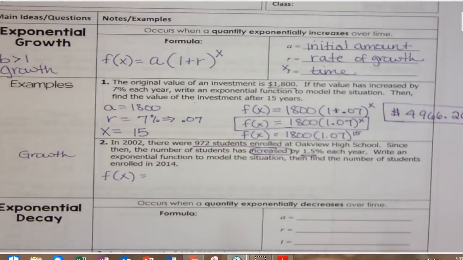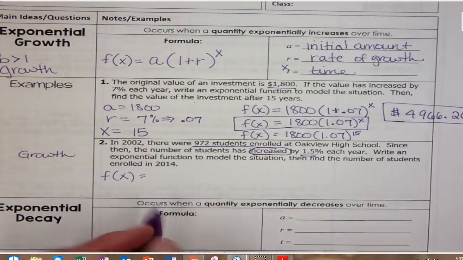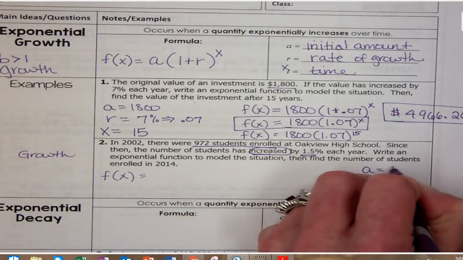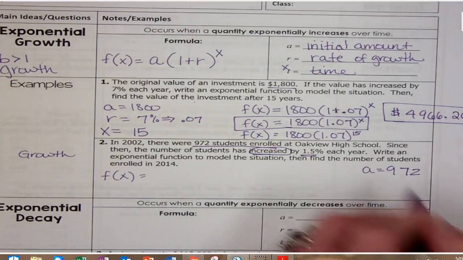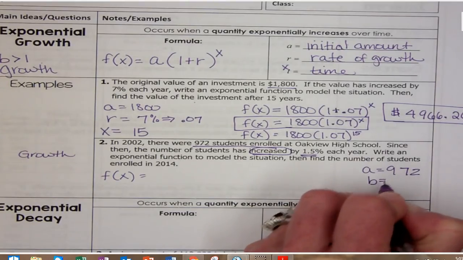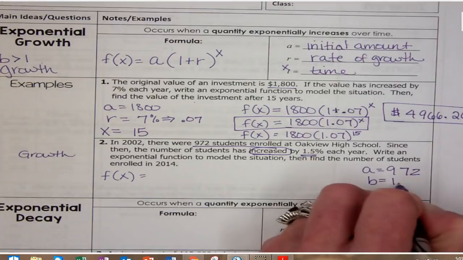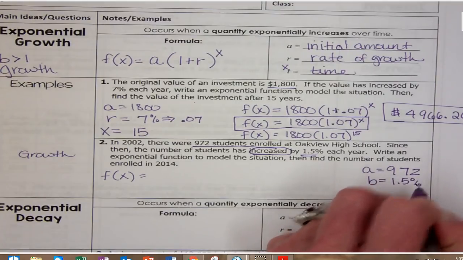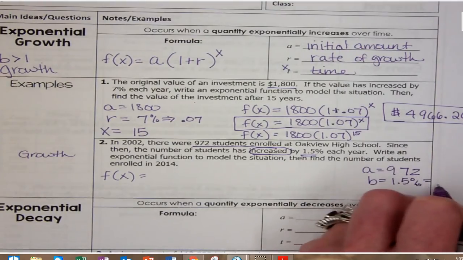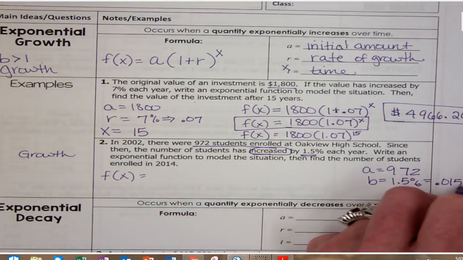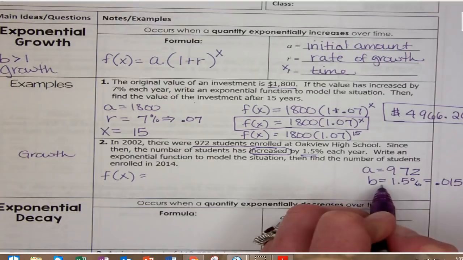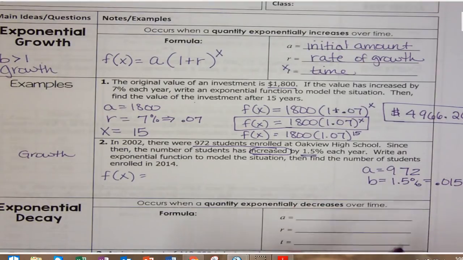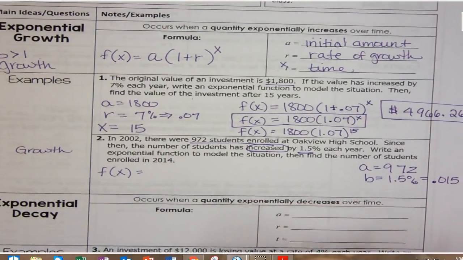Write an exponential function to model the equation. So your a value is going to be 972. 972 for a. Your rate is 1.5%, which is the same as 0.015. You move that decimal point over 1, 2 when you're talking about a percentage.